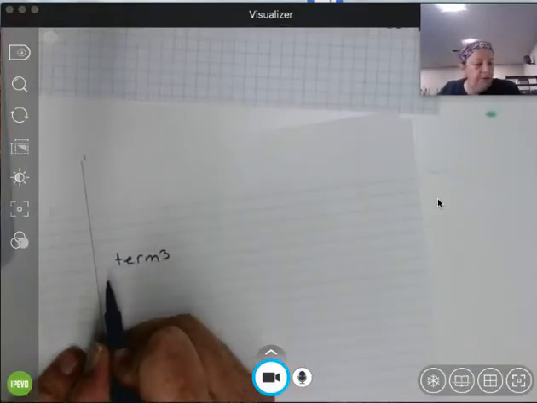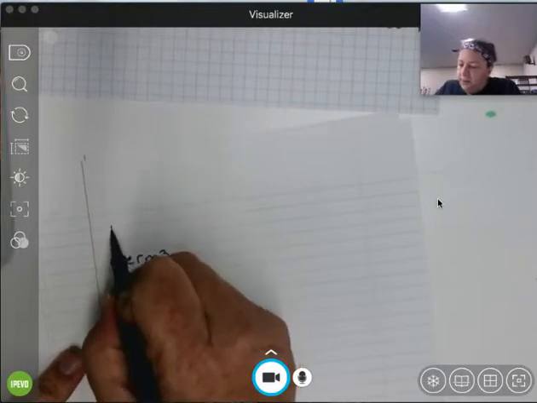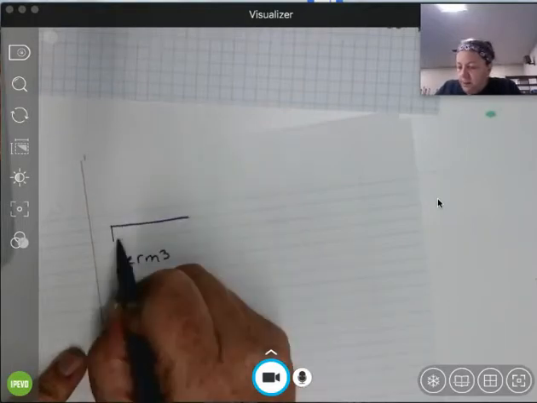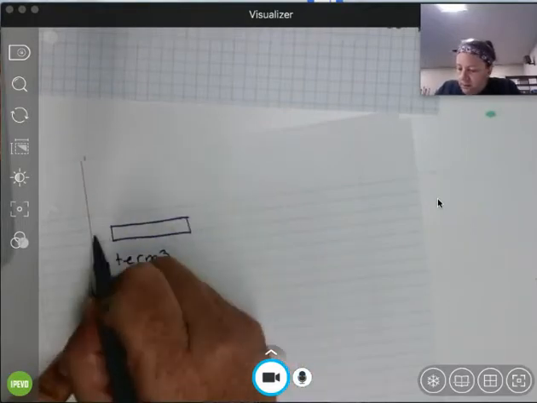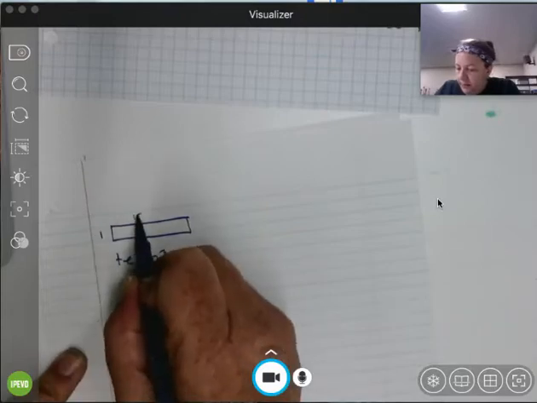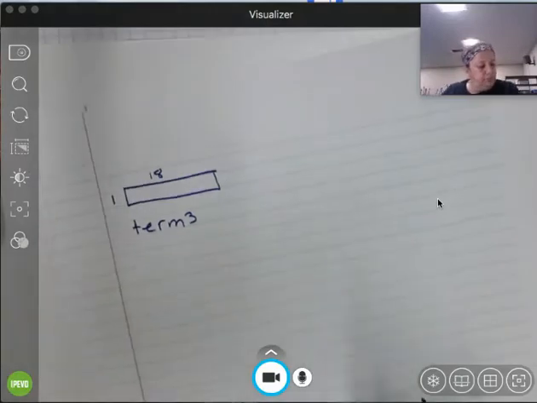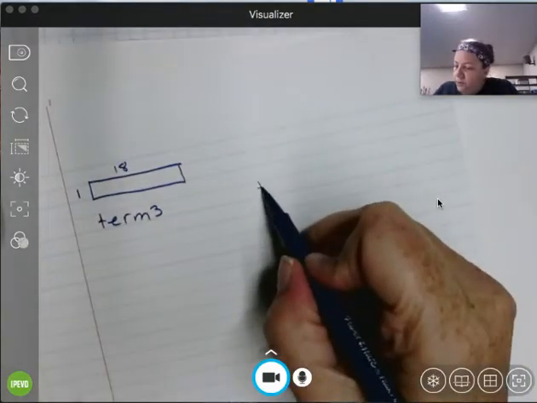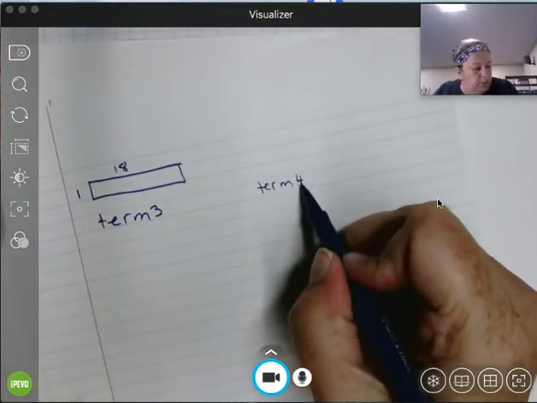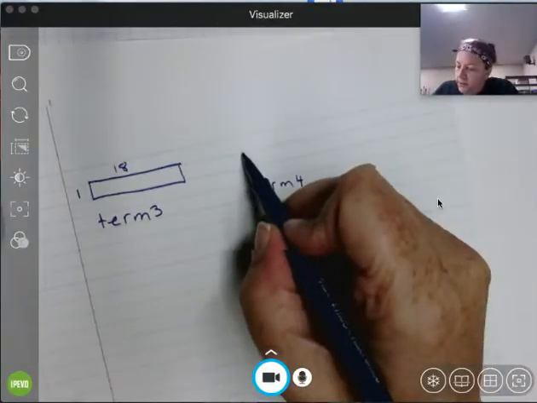So this is term 3, and this rectangle is 1 by 18. And then for term 4, we're 2 by 24.